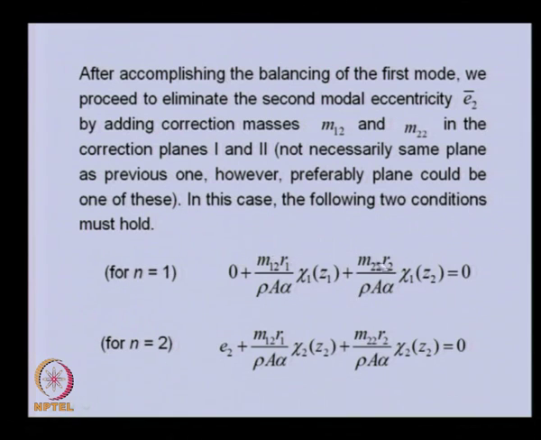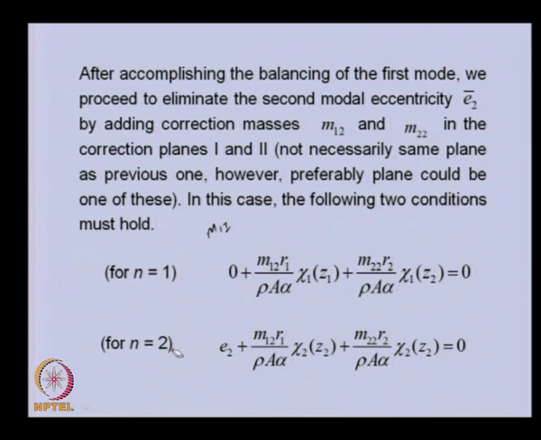When we keep these two masses, we must ensure that they should not disturb E1, because we already balanced E1 by the previous M1 one mass. So, this condition will ensure that whatever the choice of these two masses M12 and M22, the first mode is not disturbed, it is balanced.